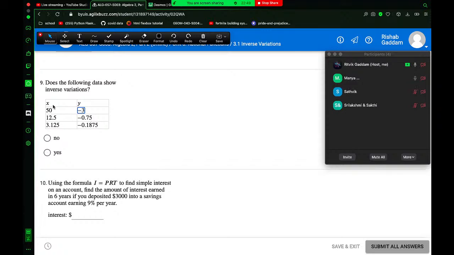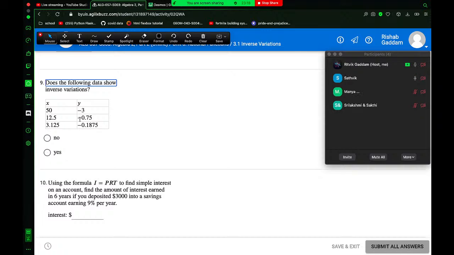Yeah, and if this is going down and this is going up, then that means it might be an inverse variation, but you have to check if it's not linear. You have to check if the difference between this and this is the same as this and this. Like the ratio is the same. You want to check if the ratio is the same.